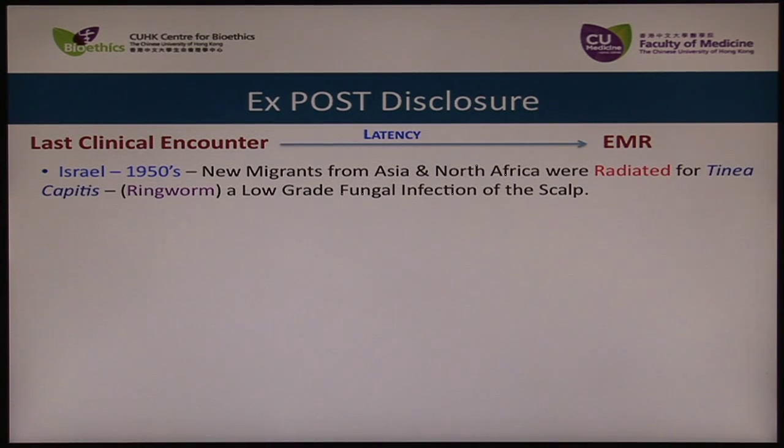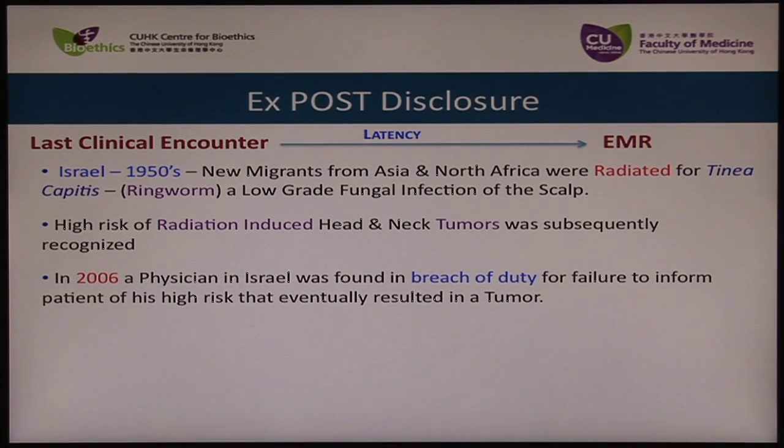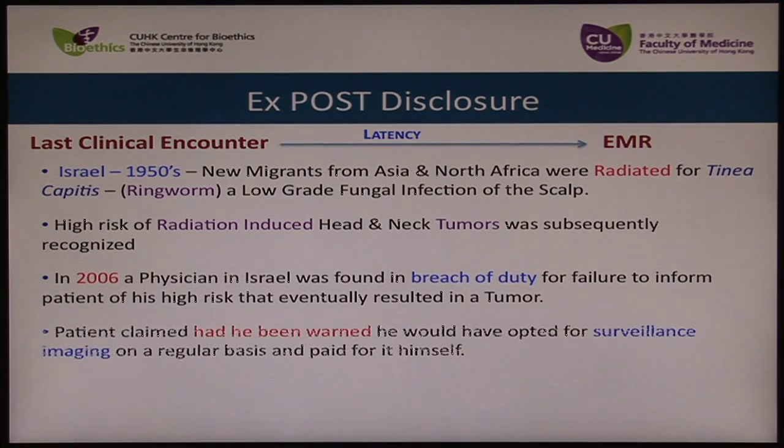In Israel in the 1950s, migrants from Asia and North Africa were irradiated for tinea capitis or ringworm. A high risk of radiation-induced head and neck tumors was subsequently recognized. And in 2006, a physician was held liable for failure to inform his patient, who said he could have had regular MRI checkups of the head and neck if he had been informed of the risk.